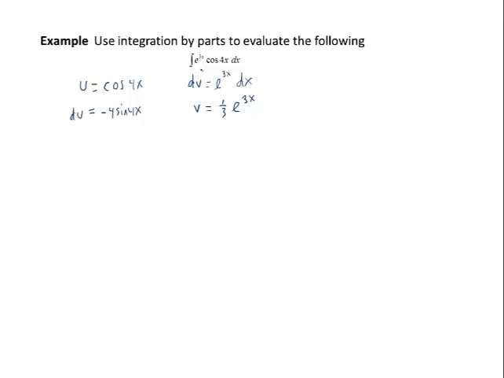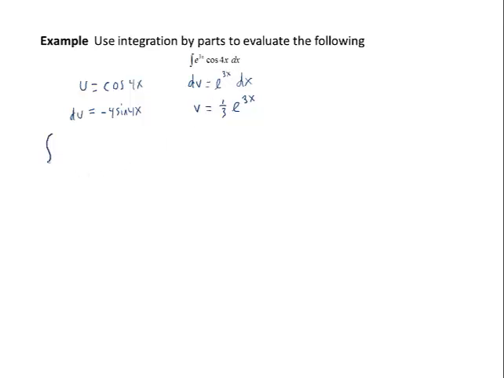There's really no good answer to that, except I look at this integral and I think e to the 3x is the most complicated part of this integrand that is easy to integrate. It is easy to integrate cosine 4x if we had opted to let that be dv, but I think e to the 3x is a little bit more complicated than cosine 4x dx.